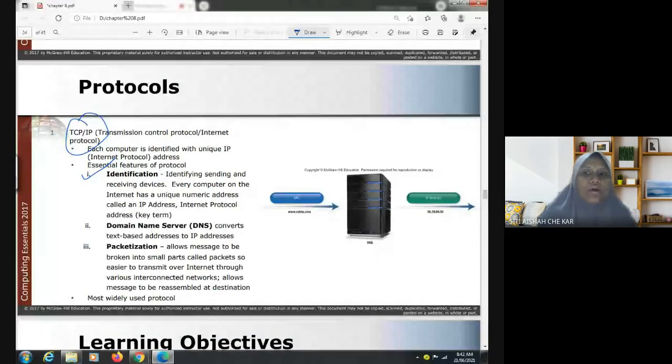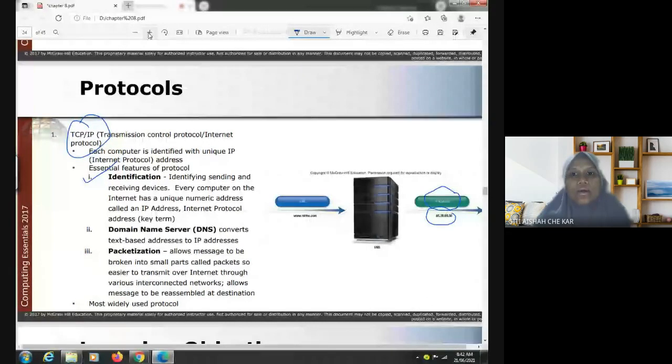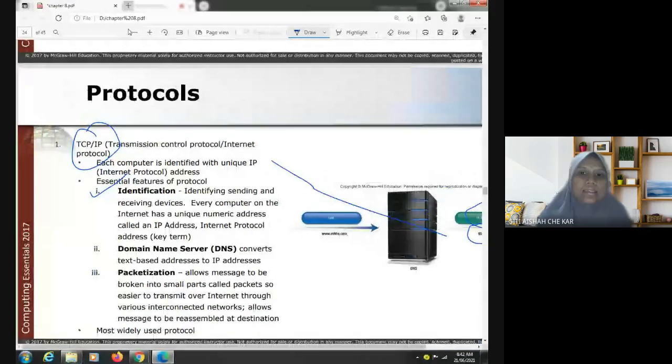Biasa our address has taman, jalan and so on, nombor kan. But for an IP address, memang dia ada nombor, a certain number.